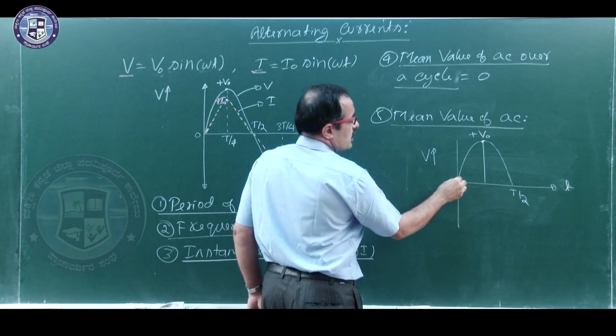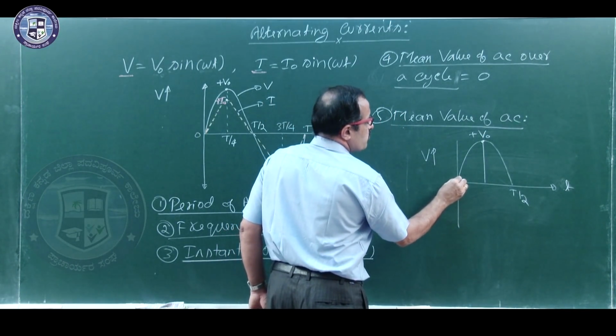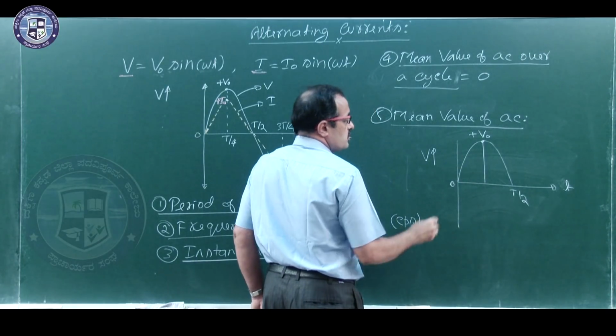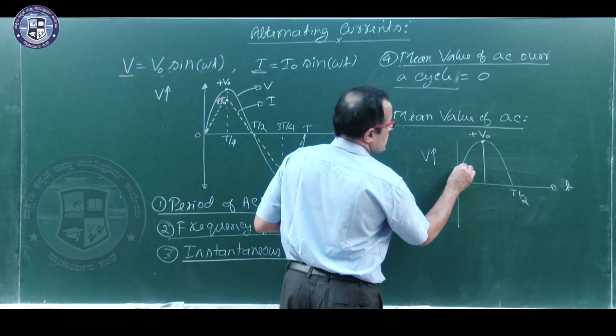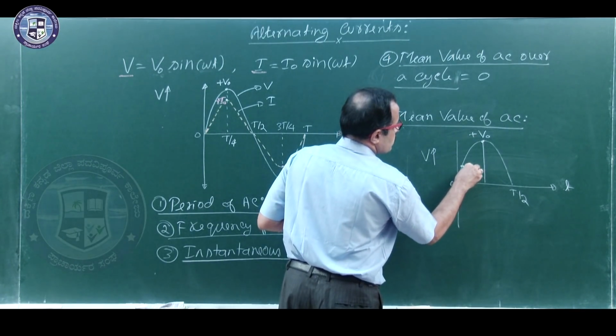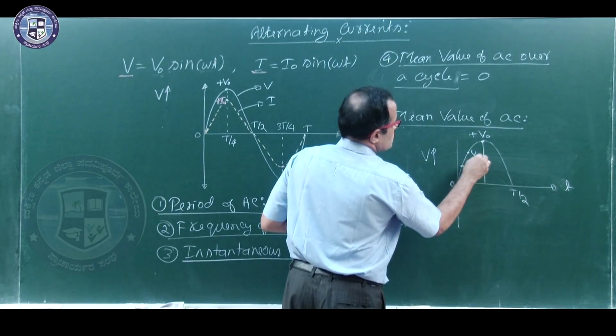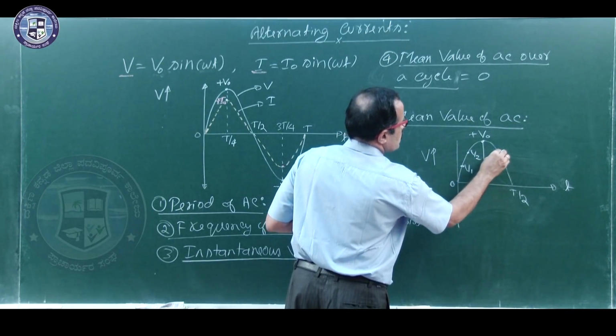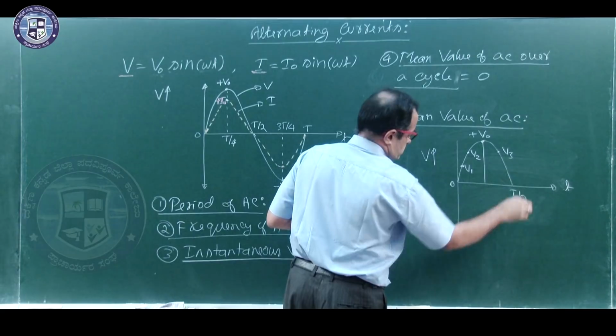Now, in this graph every point is a value, but to make it clear, I am taking only some of the points. Let us say here the instantaneous value is V1, this is V2, it is V0, it is V3, like that.